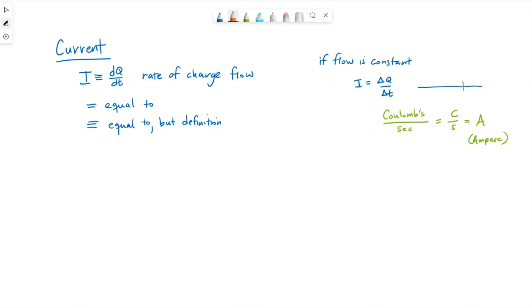So for example, to get current to flow, we have to have a potential difference. The potential difference typically in a circuit, I'm going to draw a light bulb. So I'm talking a filament light bulb, not an LED light bulb.